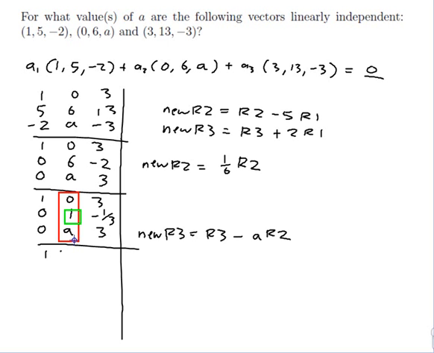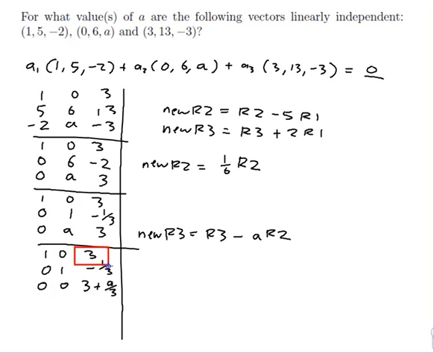So I haven't changed row 1, haven't changed row 2. 0 take A times 0 is 0. A take A times 1 is 0. 3 take A times minus a third is 3 plus A on 3. So I have my identity matrix column here.